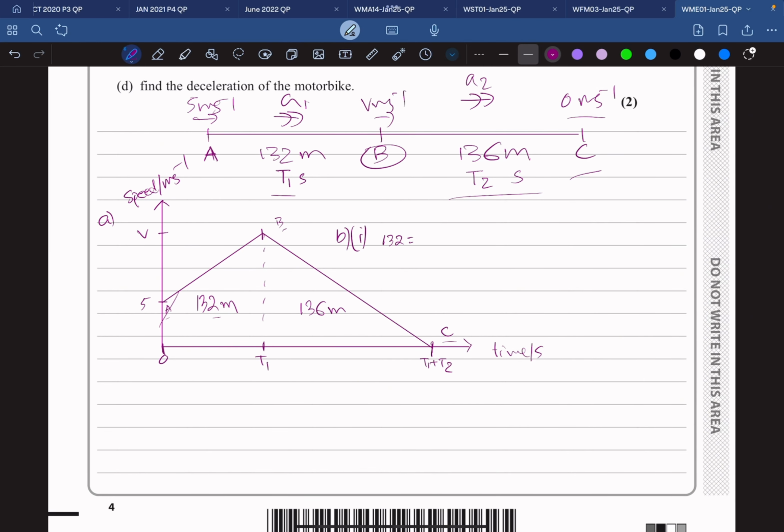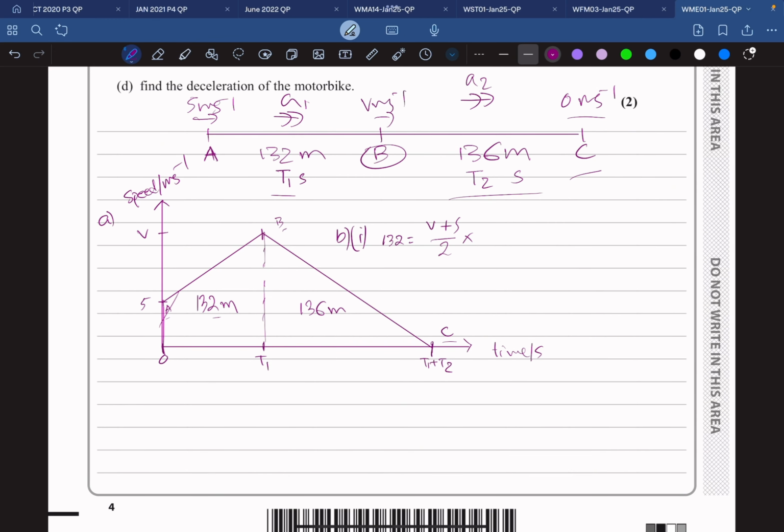So the distance is going to be equal to the area, and the area of this trapezium is going to be base plus the top side. So like the two parallel sides, you're going to add the lengths of those up. So the length of this is going to be V. So you have V plus the length of this is going to be 5, divided by 2, times the height.